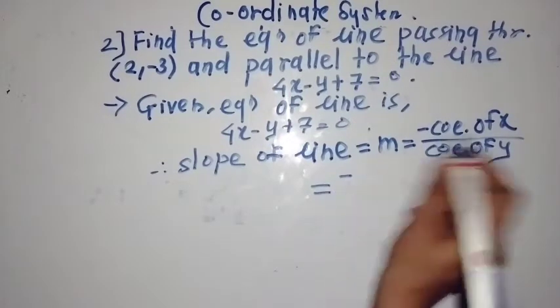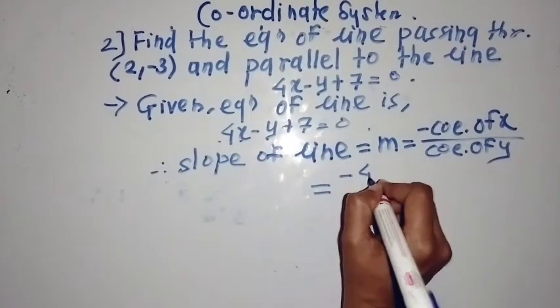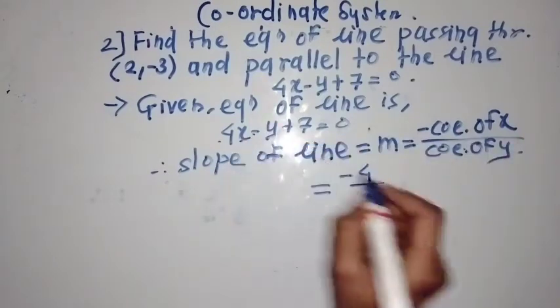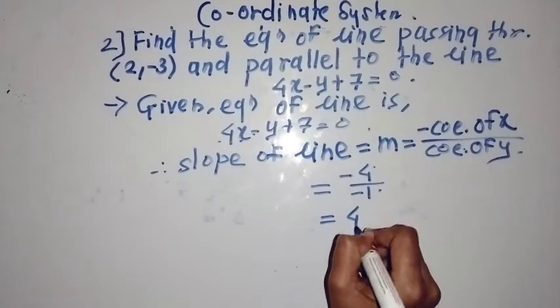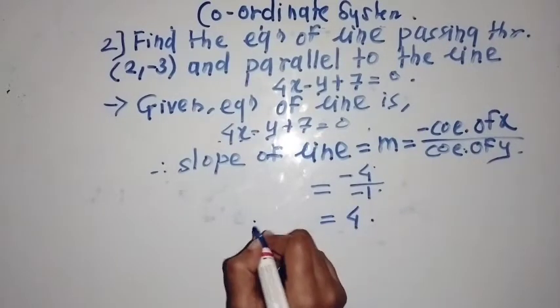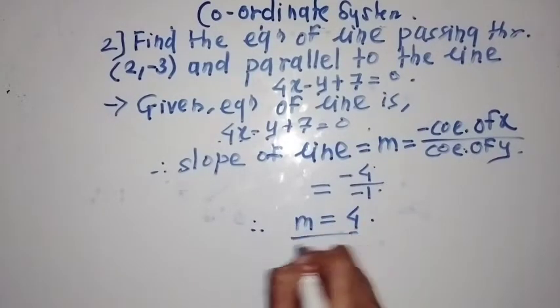Here the coefficient of x is 4 and the coefficient of y is minus 1. Hence we get minus 4 upon minus 1 is equal to 4. Hence we get m is equal to 4.